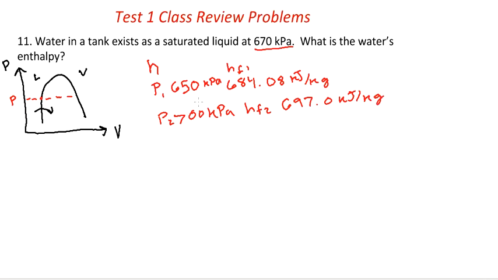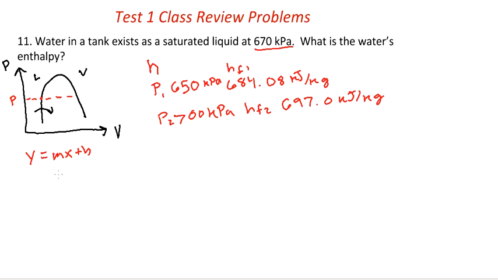Alright, we're going to use linear interpolation, which means that we're going to have some function of y equals some slope times x plus some constant b. In this situation, our y is the thing that we're looking for. It's the enthalpy. So we're going to say that the m is the rise over the run. The rise correlates to the y value.